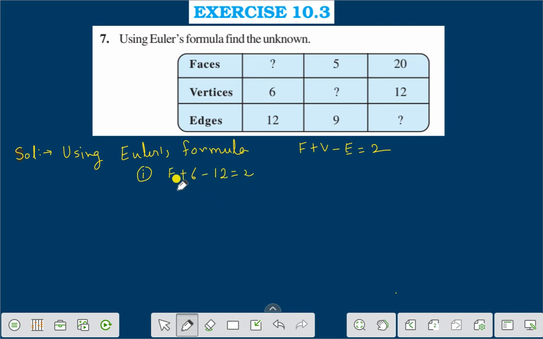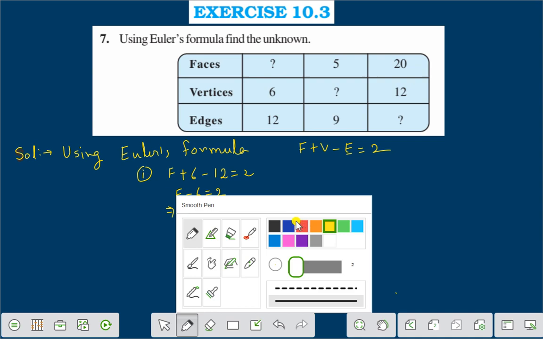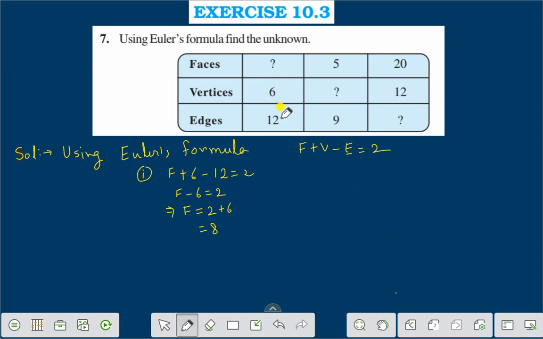Therefore we can write f, 6 minus 12 is minus 6, is equal to 2, or it can be written as f is equal to 2 plus 6, that is equal to 8. The value of f, or face, is 8 here, right? Let us write here the value of this face is 8. This is 8, right? We'll complete this one.